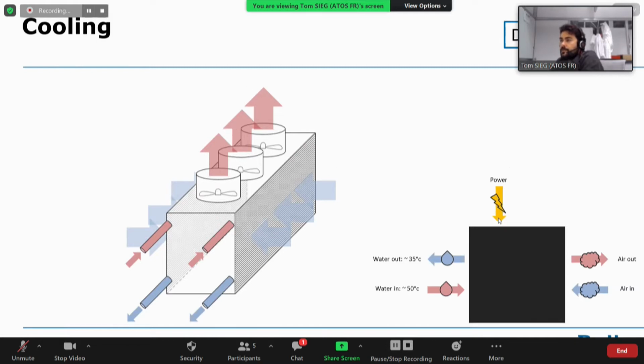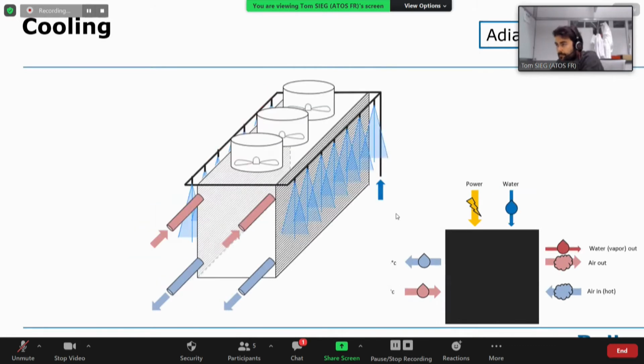You will use electricity to transfer heat from water to air. So you will have hot water inside, cold water outside, and the reverse for the air: cold air inside, hot air outside.